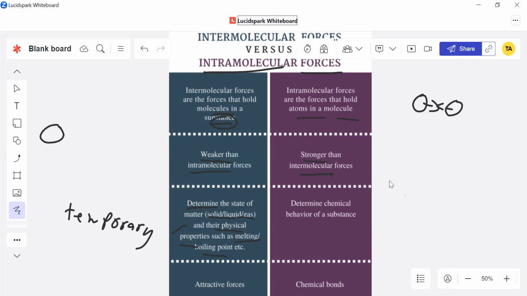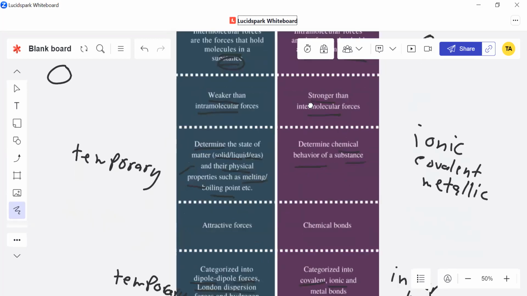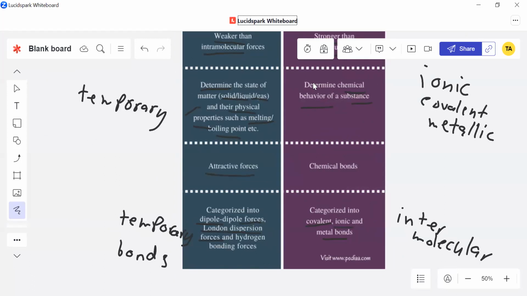Whereas the forces like ionic, covalent, and metallic, all of this will determine the chemical behavior of a substance. So the temporary forces are attractive forces, whereas these intramolecular forces are chemical bonds.